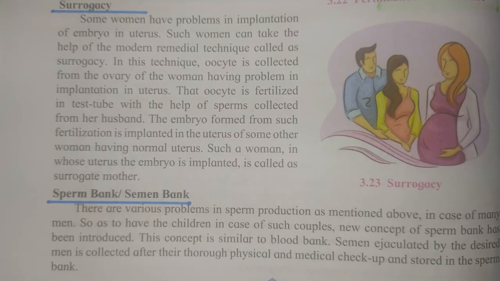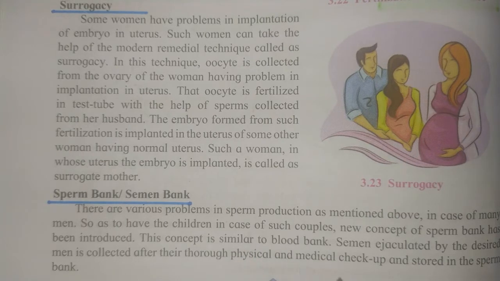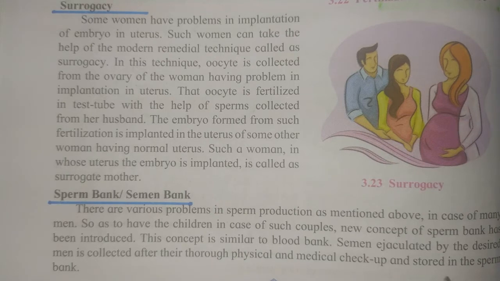This concept is similar to blood bank. Semen ejaculated by the desired man is collected after their thorough physical and medical checkup, and then the sperm from those normal men are collected in this particular bank.